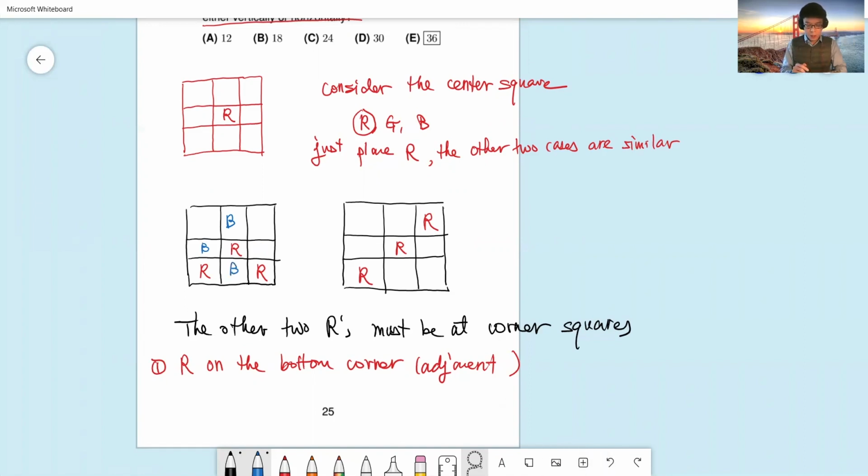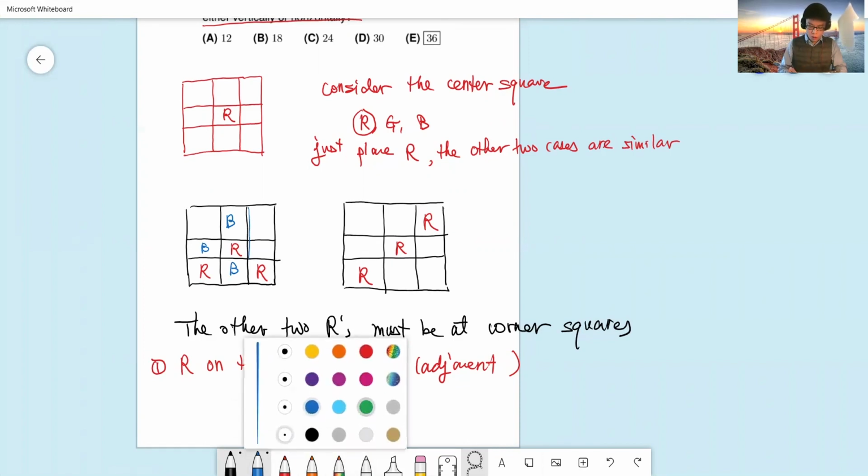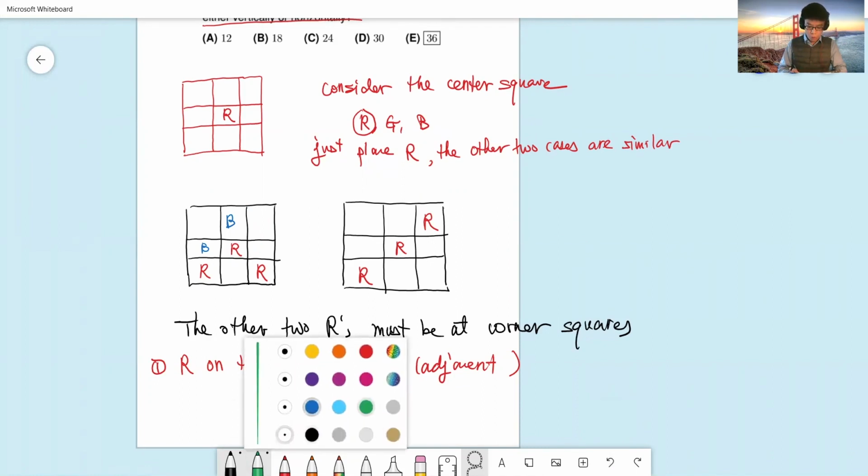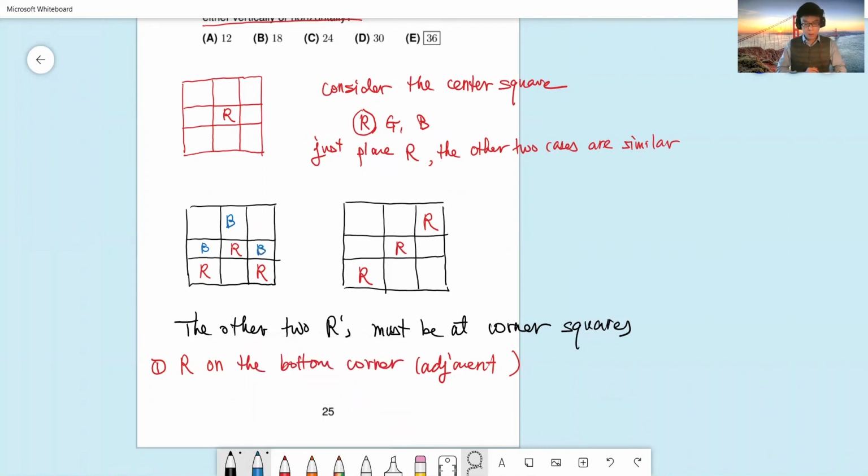But this B does not work because we have the other two boxes adjacent. They must both be green. This is invalid. They cannot be next to each other. So that means we only have one way to place the other two blues. That is blue in this way.